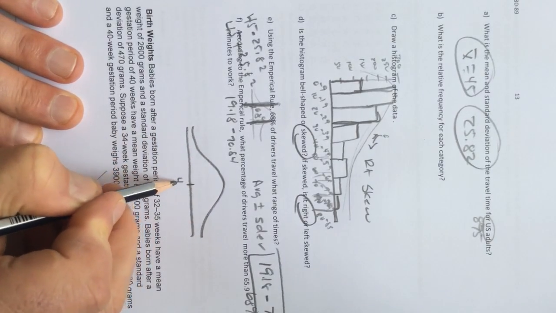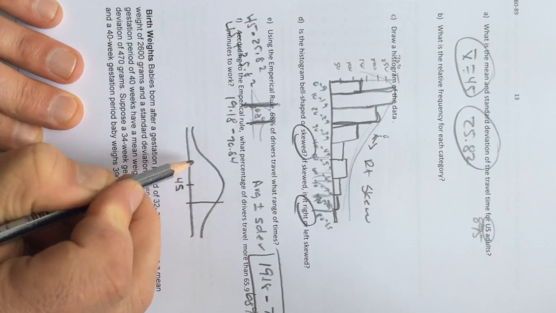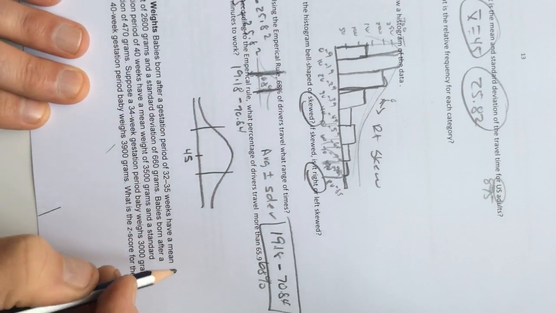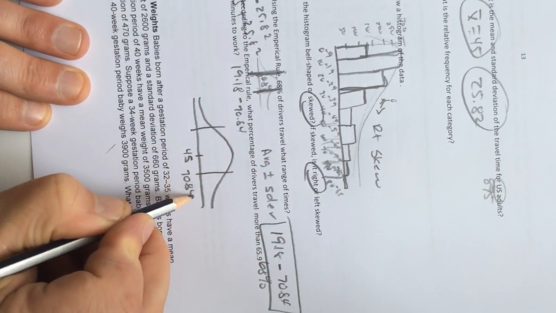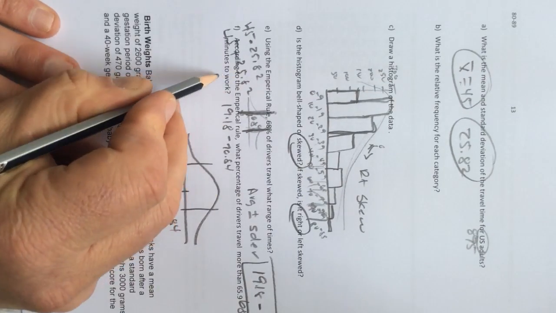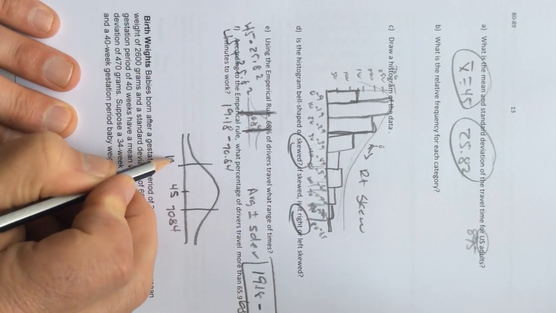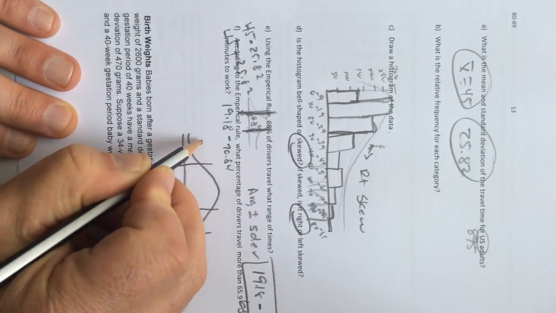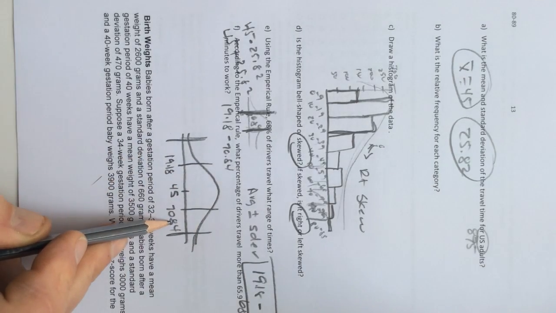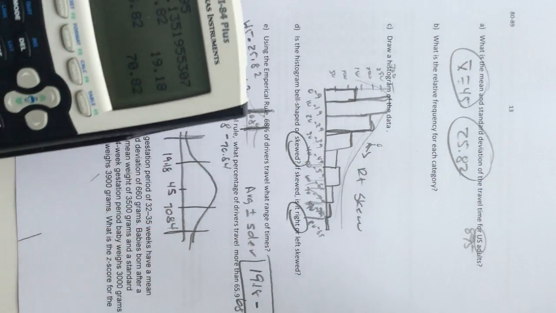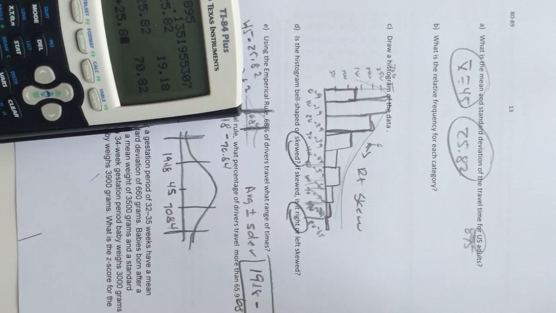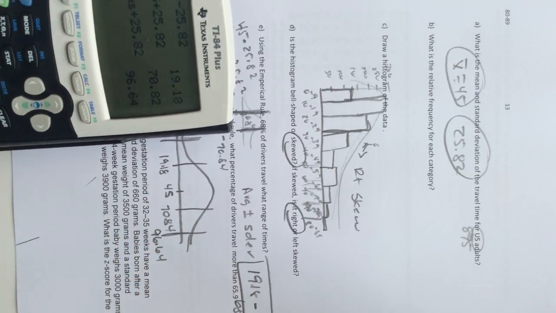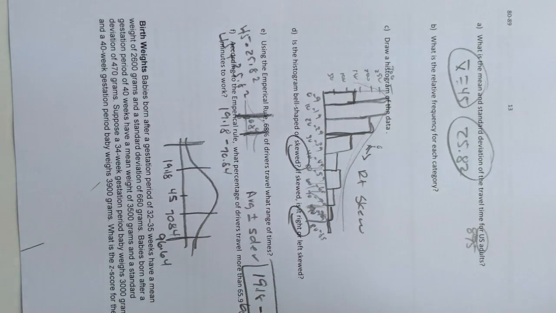The average was 45. 1 standard deviation up was 70.84. 1 step down was 19.18. 2 steps up, so if I add another 25.82 to that, it's 96.64. Okay, I need to check my average.